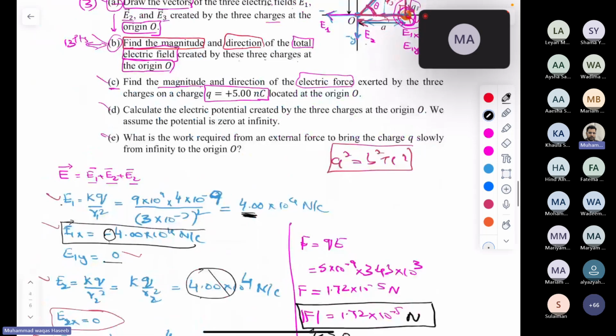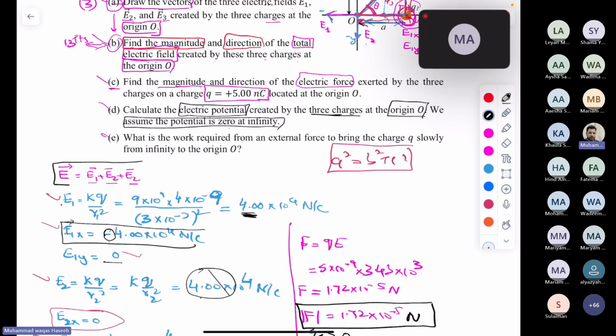Okay, the next part is D. Calculate the electric potential created by the three charges at the origin, and we assume that the potential is 0 at infinity. So how do we calculate the total electric potential?